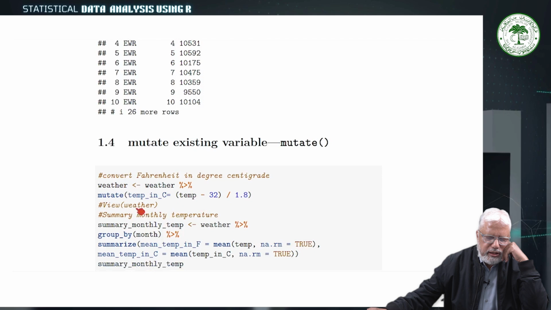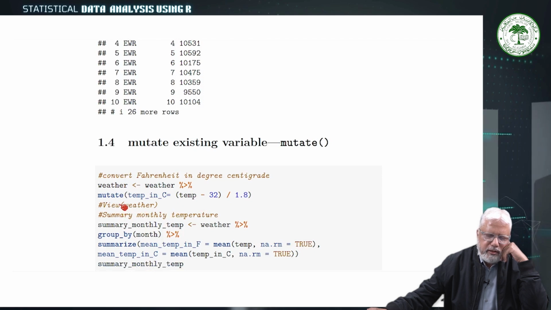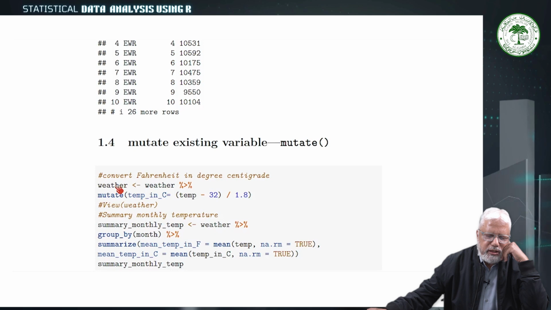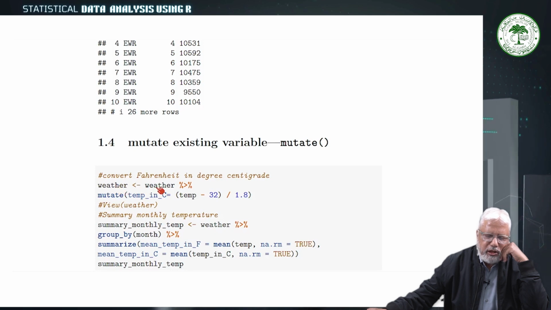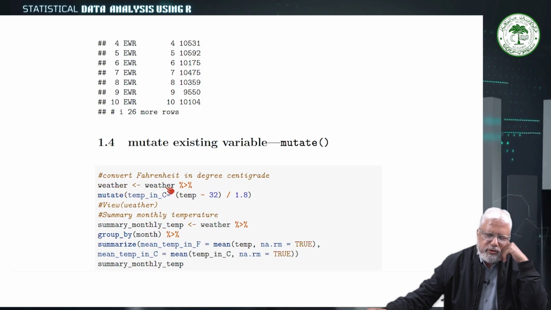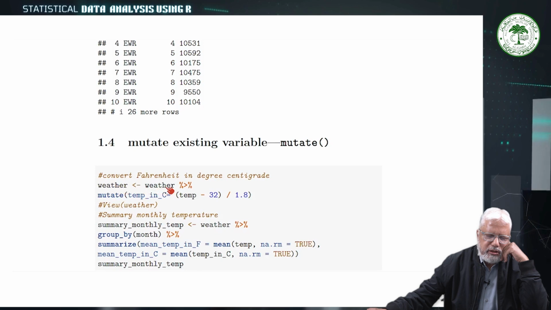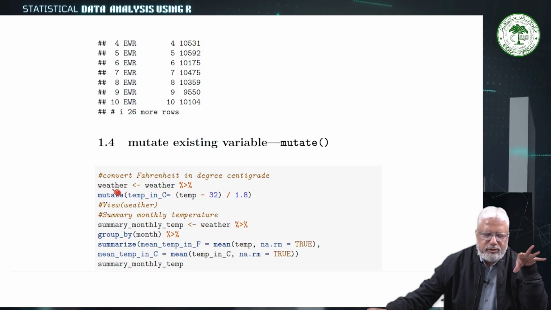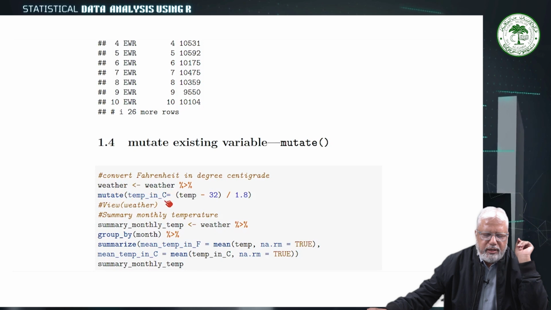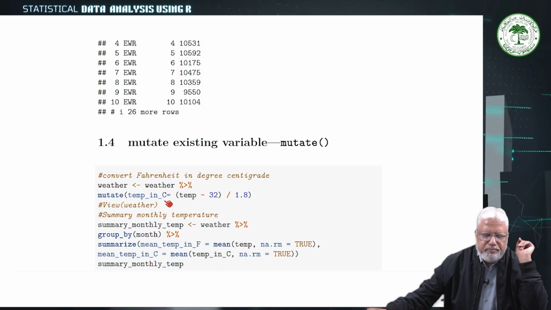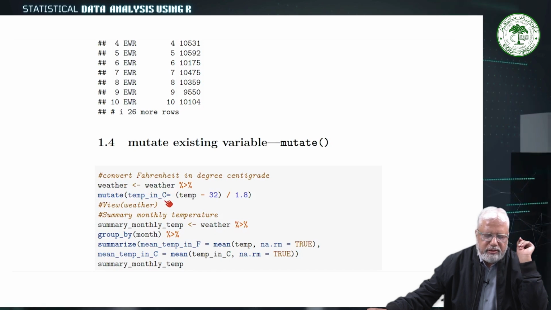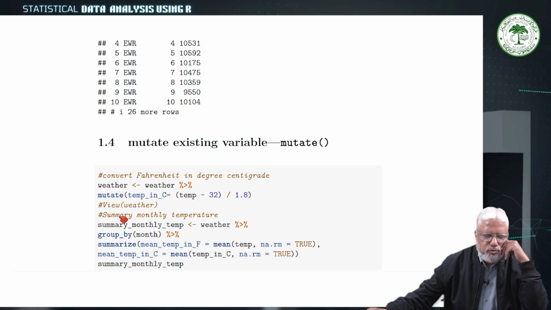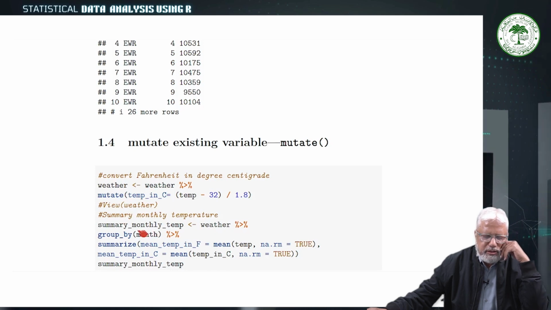View weather. See what will happen: we are having weather here and weather here also. This is the weather which is the original object, and this weather is the new object. The new object contains this temperature in degree centigrade. So we can view, and certainly I will show you how we can view the summary of monthly temperatures.